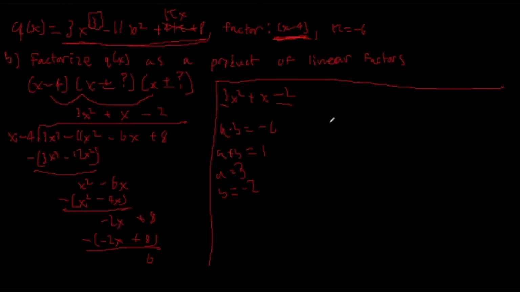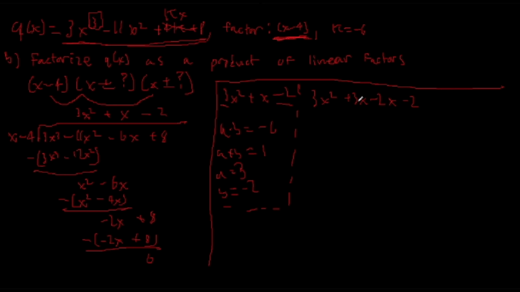So from here, we're going to separate this equation now, given that a is 3 and b is negative 2. Let me draw another box actually. We're going to separate it by saying that it turns into 3x squared plus 3x minus 2x minus 2.